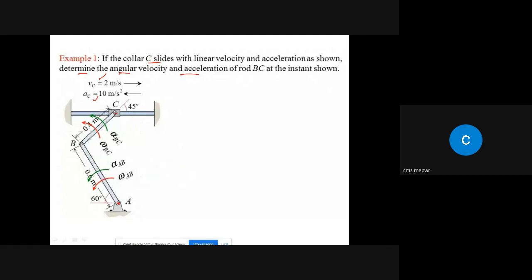We need to find out the angular velocity and angular acceleration of this link or this rod BC. Okay.